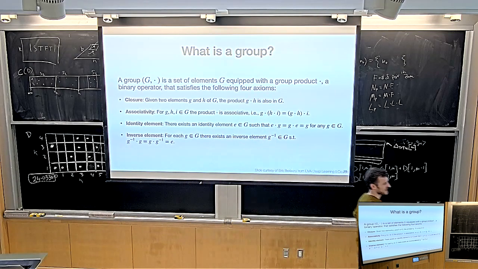There exists an identity element, which basically just means that if you take a rotation matrix, for instance, there's the identity matrix. The identity matrix is the identity element of the group of rotation matrices, right? And there's an inverse element, which always means there has to be a way of inverting a given transformation. So you can rotate something this way, and then you can invert it by finding the inverse rotation matrix, right? So these are the properties of a group.